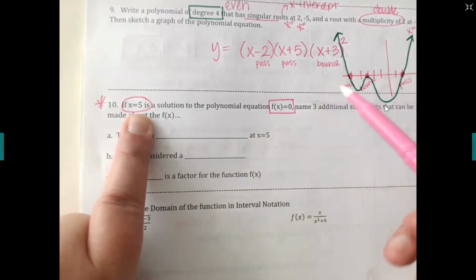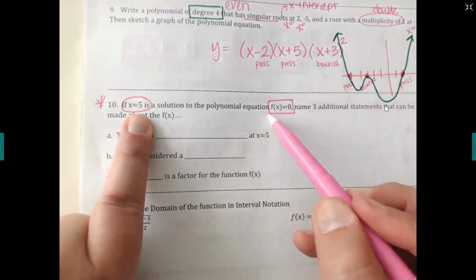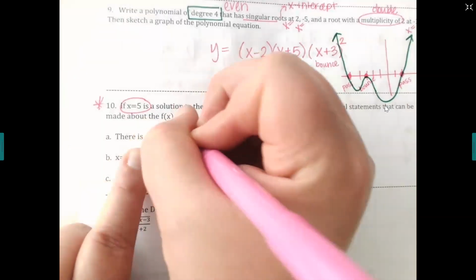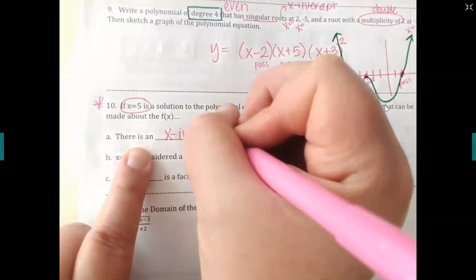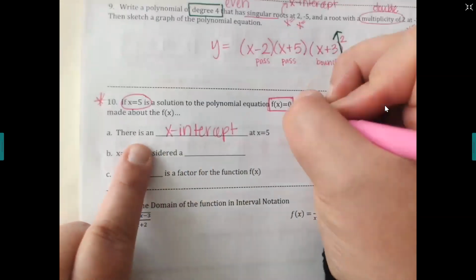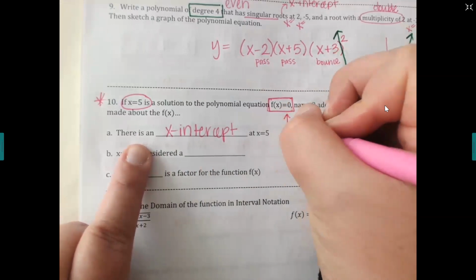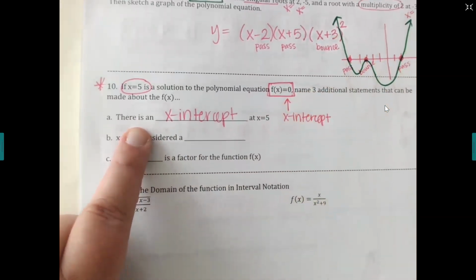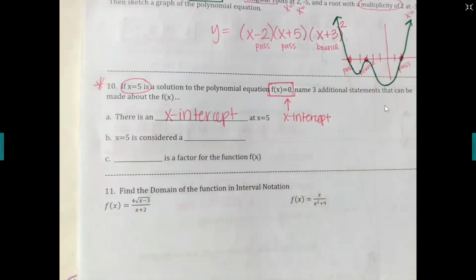If it makes it equal 0, it's going to be an x-intercept. Okay, because remember, that's what the equal 0 means, is that you're looking for x-intercepts. So if x equals 5 is a solution to that, that means it's also an x-intercept.